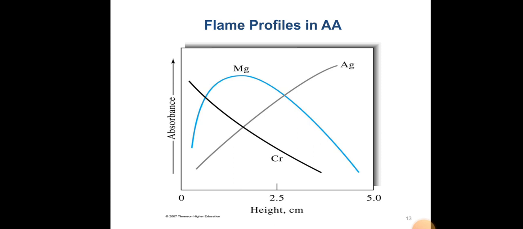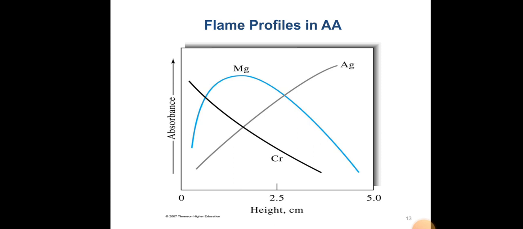For silver, the situation is opposite. If you increase the height of the flame, the absorbance for silver will increase. So it is better to use more height of the flame, or to measure silver in the upper levels of the flame.